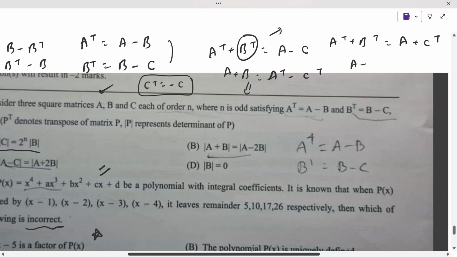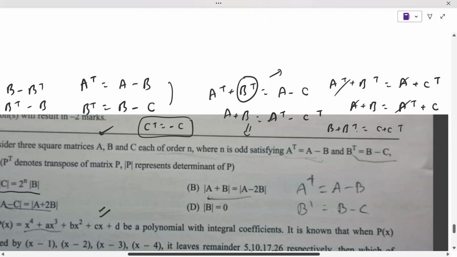Now just take the transpose: A plus B is equal to A transpose plus C. If you just add, we obtain, A cancels, A transpose cancels, B plus B transpose equal to C plus C transpose.